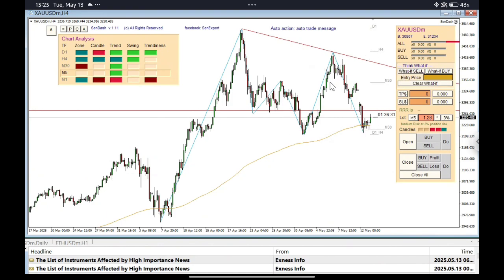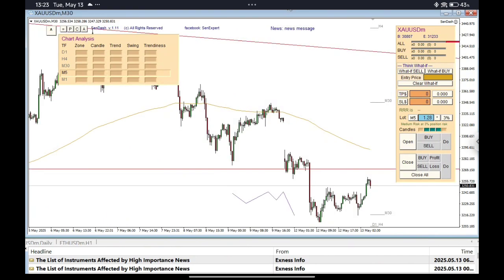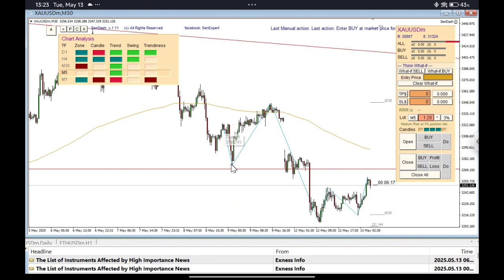Let's see in 30 minutes time frame. This is M30. It has peak, trough, peak, trough, peak, trough, peak. We can see that it was downtrend all along in 30 minutes time frame. It was downtrend, and this is the reversal pattern.